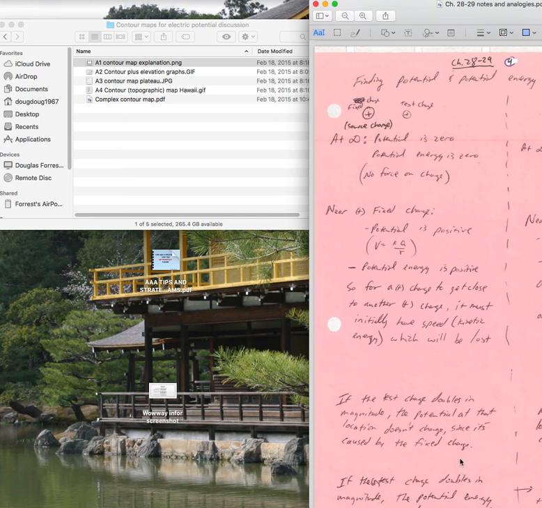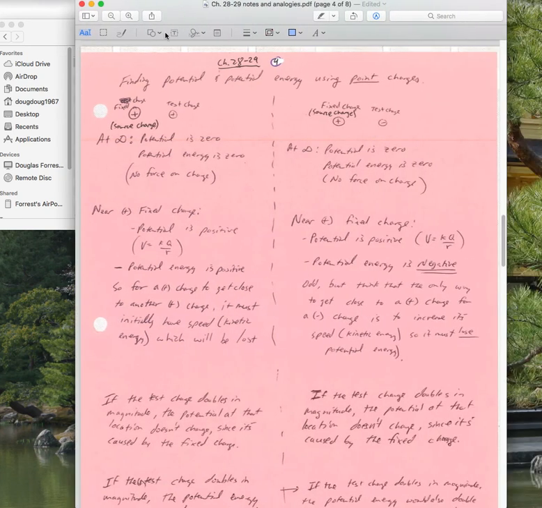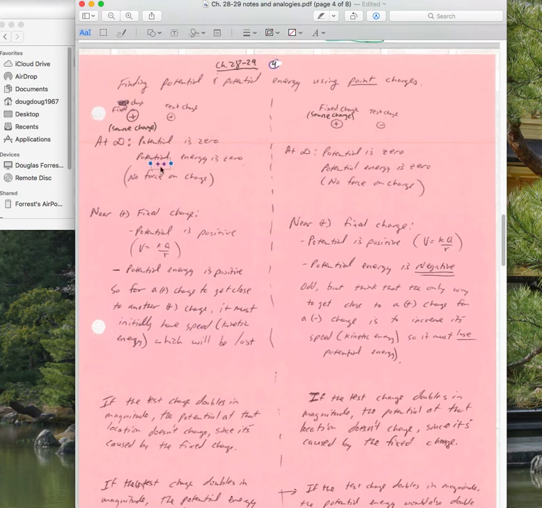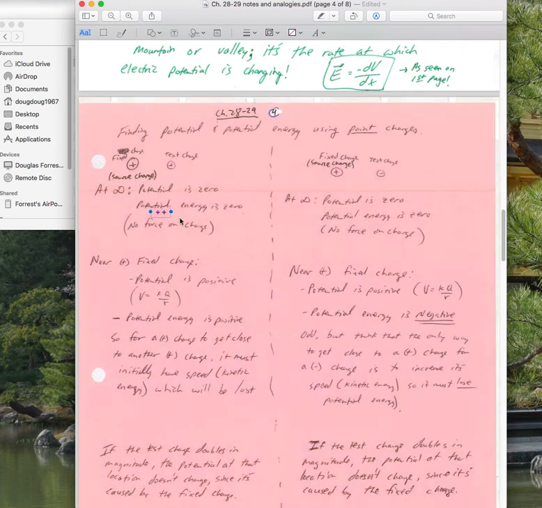If I move this double charge, I'll call it plus plus, and I move both those charges close up here, it would take twice as much force at any particular point to cause them to move closer.